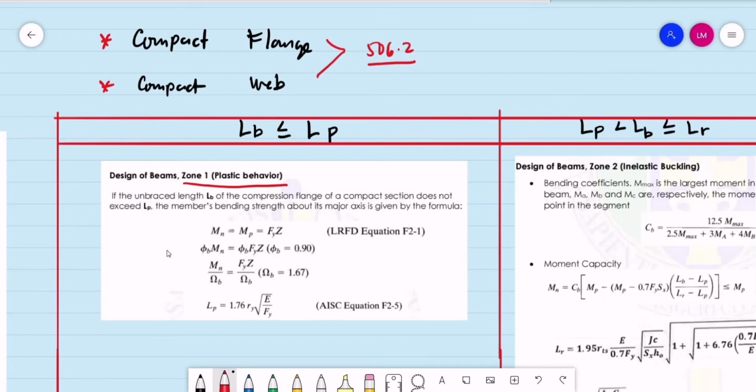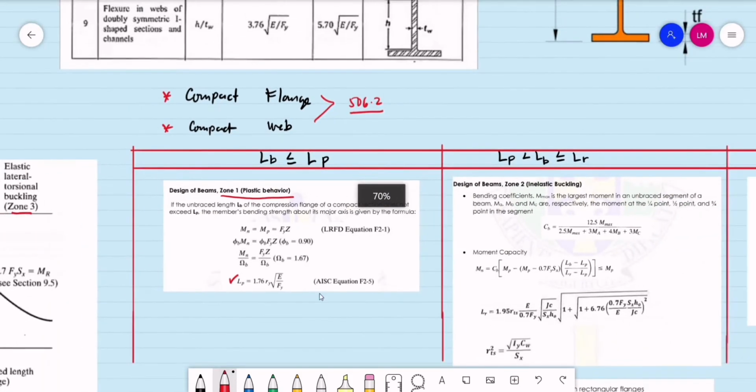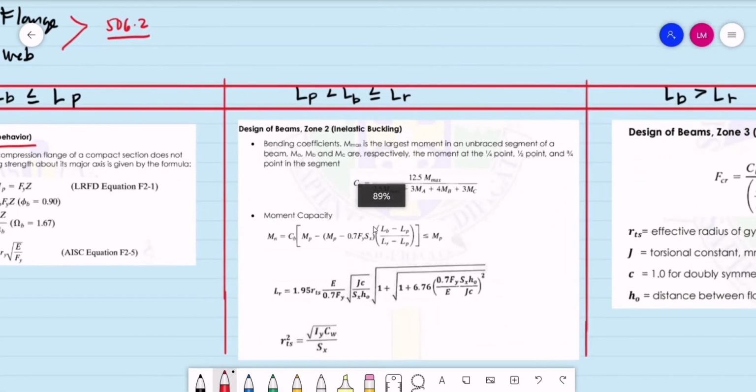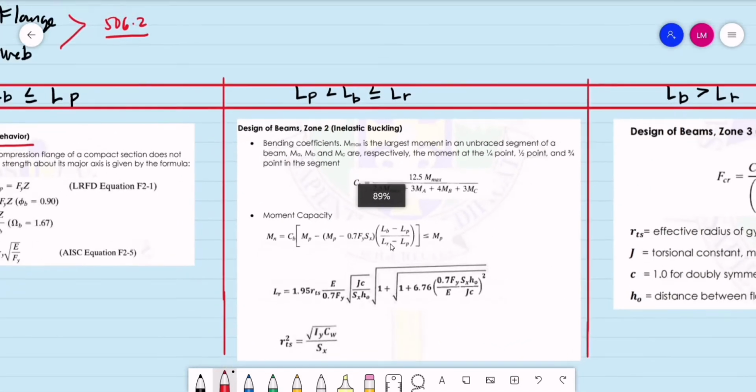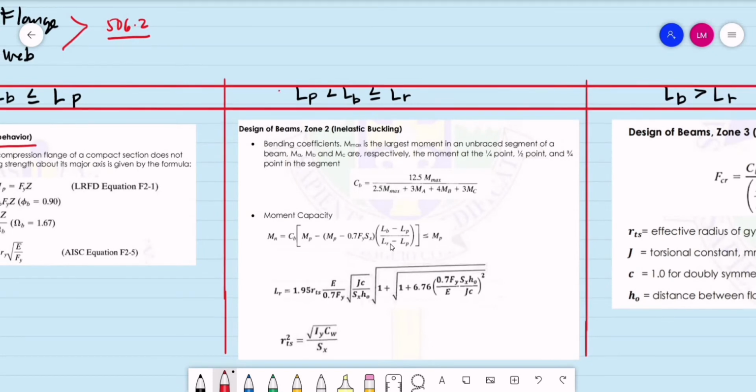So how do we compute for L sub p? This is our equation. Then for zone 2, if we have L sub p less than L sub b and less than or equal to L sub r, this is how we compute for the nominal moment capacity, or the M sub n.